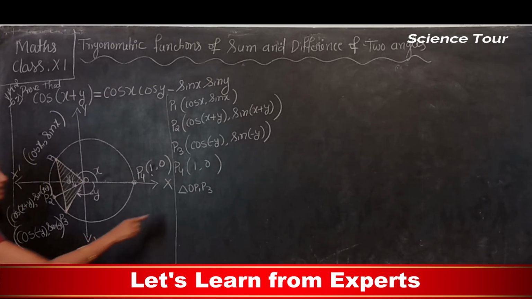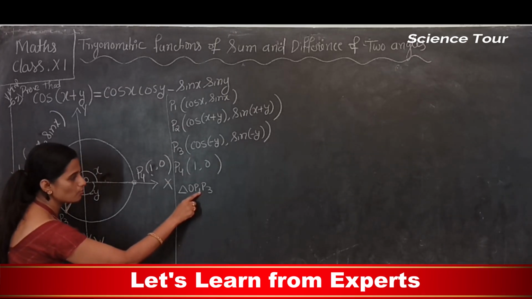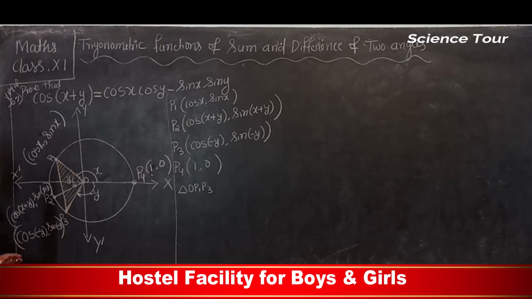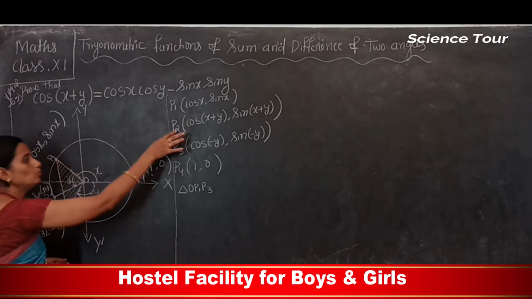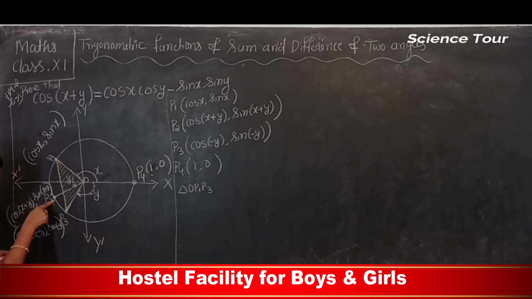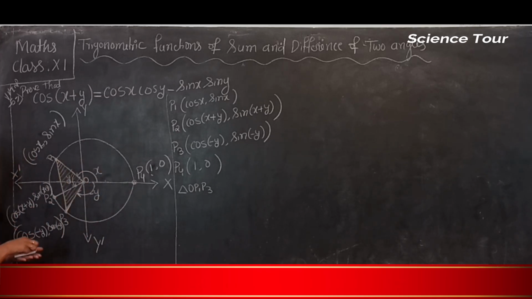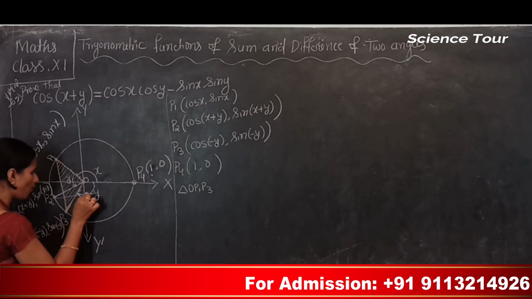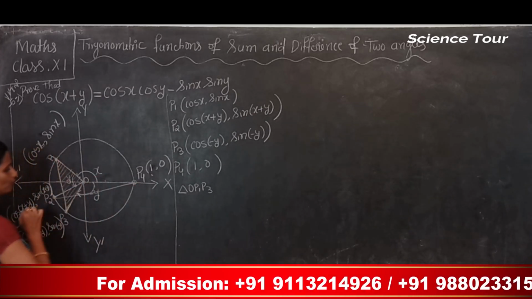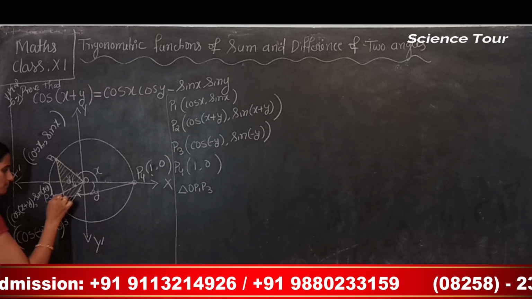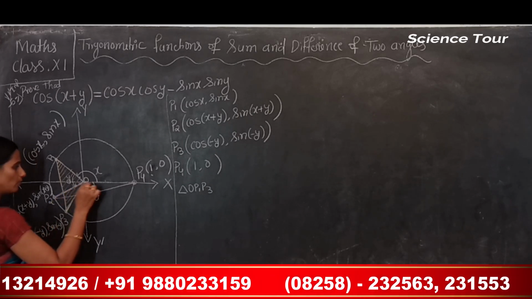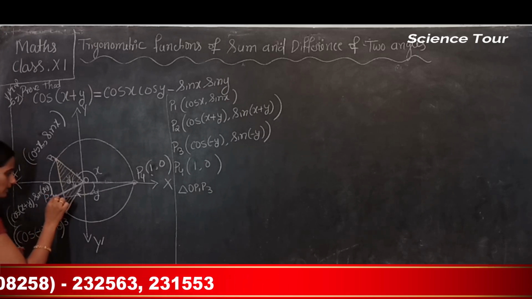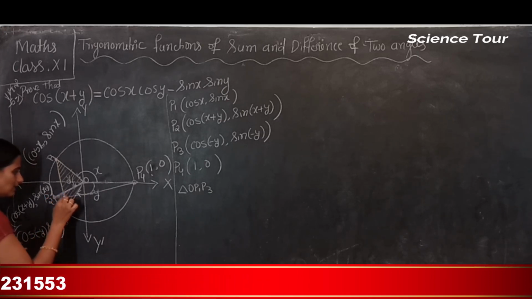Now next, I joined the odd numbers 1 and 3. Next two more. Which are those two more? P2 and P4, correct? Now join those 2 points. So I'll join these points P2 and P4. If you join P2 and P4, your triangle is this one. I'll shade like this.